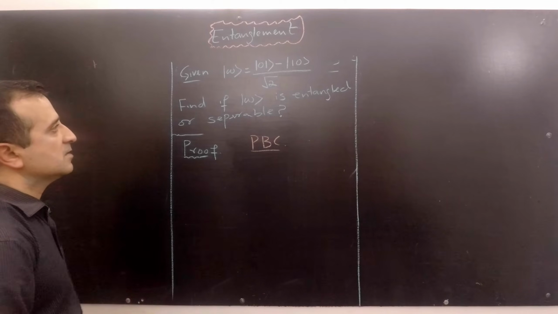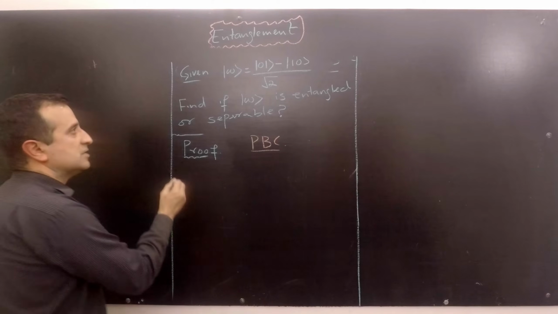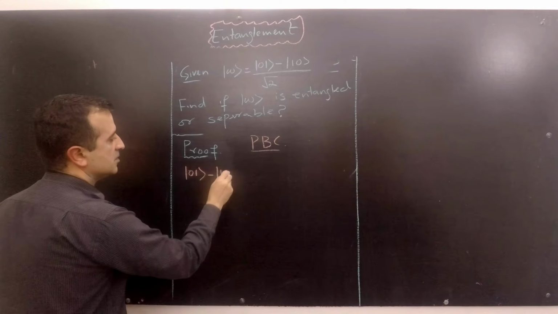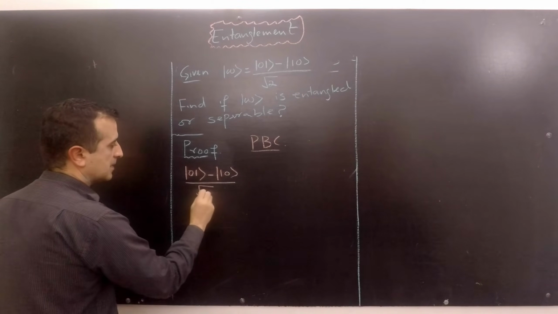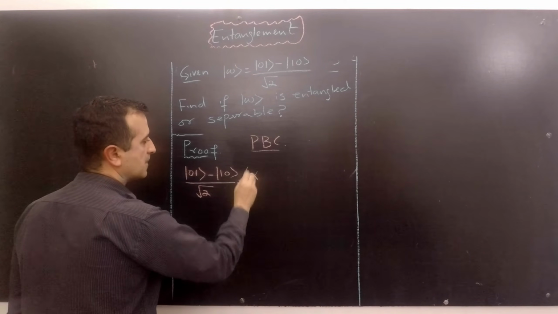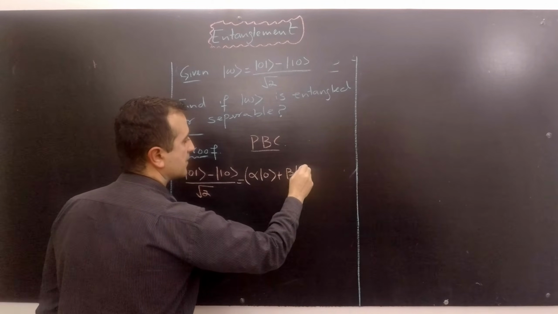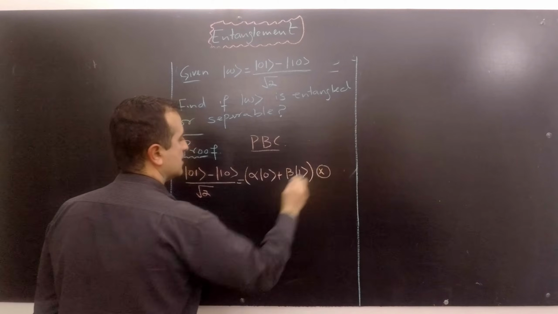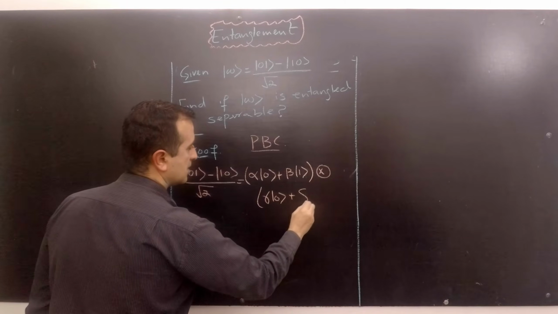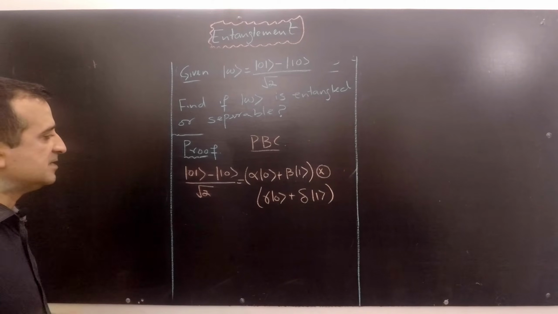We assume that ket omega is not entangled. So we say that ket 0 1 minus ket 1 0 divided by square root of 2 can be written separately as alpha ket 0 plus beta ket 1, tensor product with gamma ket 0 plus delta ket 1. Now we simplify this expression.